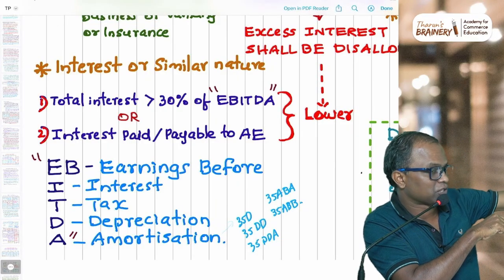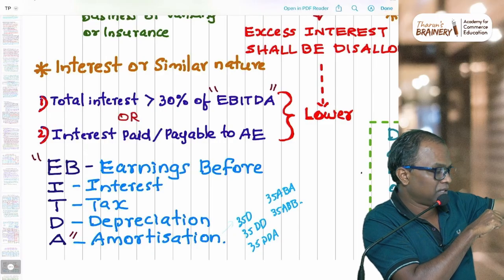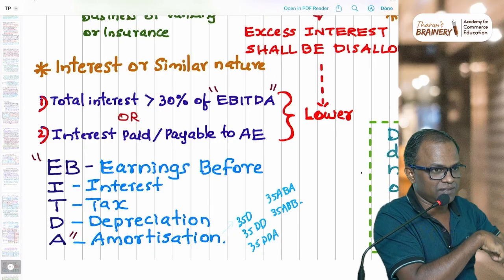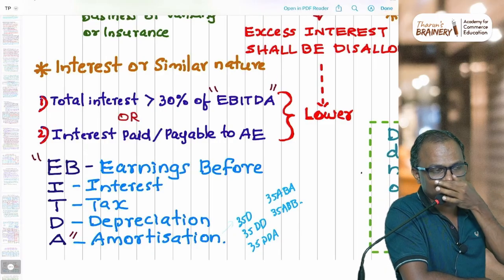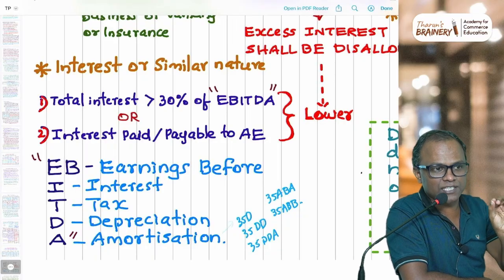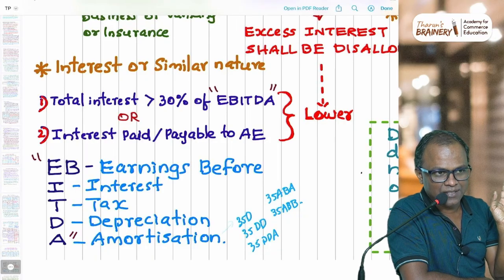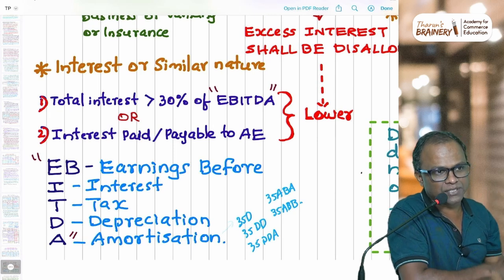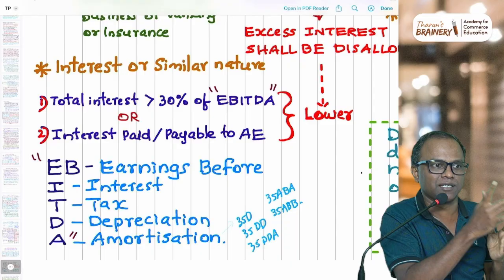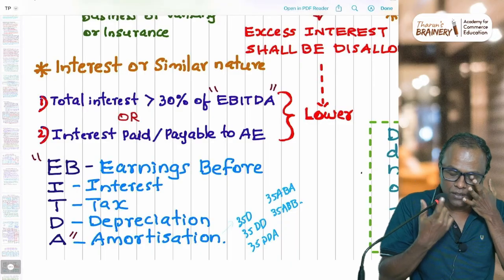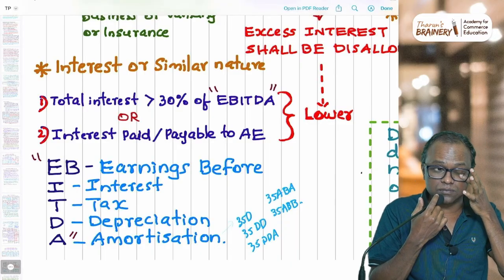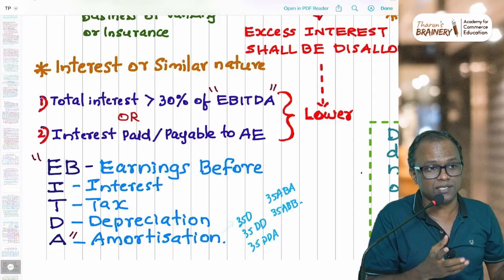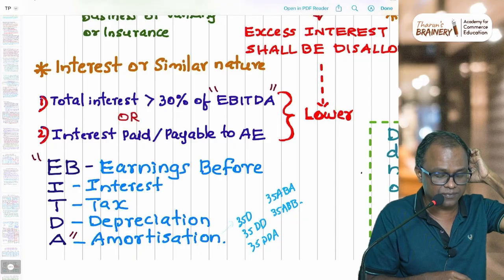If that exceeds 30% of EBITDA, that is amount 1. Now compare with the AE interest, whichever is lower. So the basic idea is only AE interest will be disallowed. How much AE interest is disallowed depends upon total interest exceeding 30% of EBITDA. So if AE interest is 0, there is no disallowance, even though total interest exceeds 30% of EBITDA.